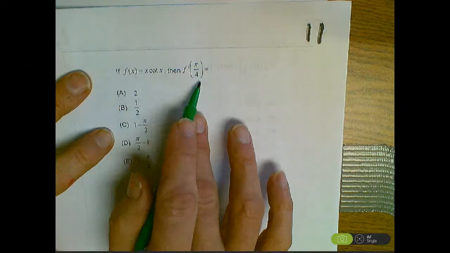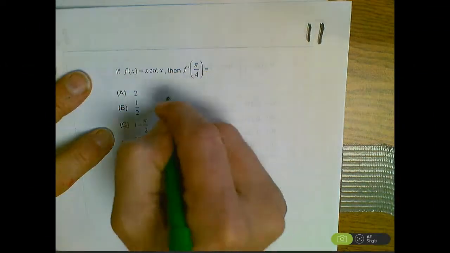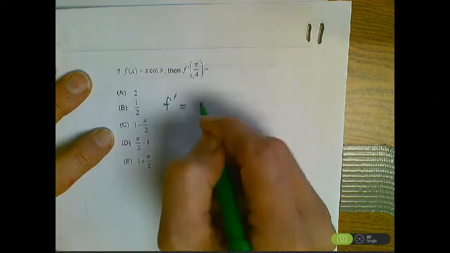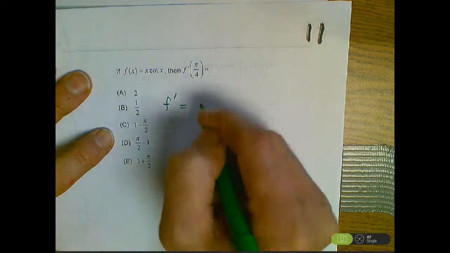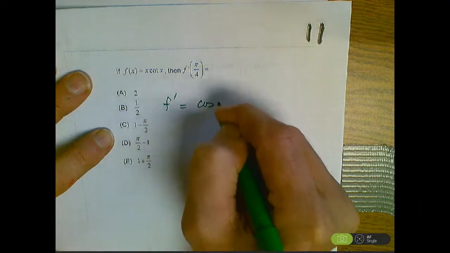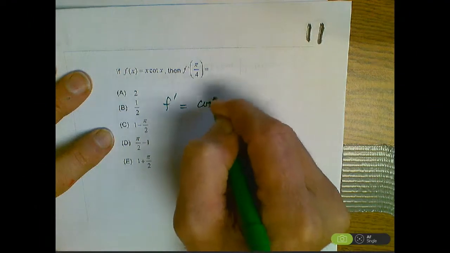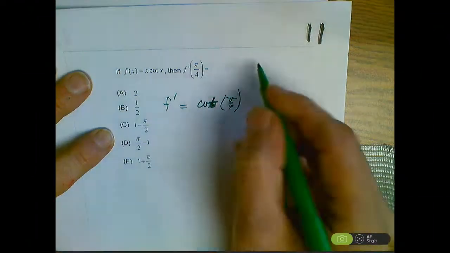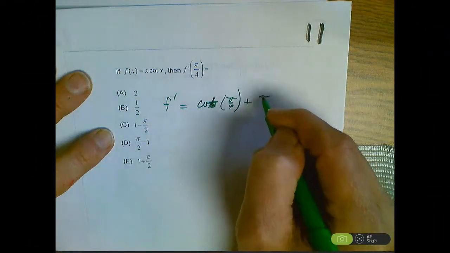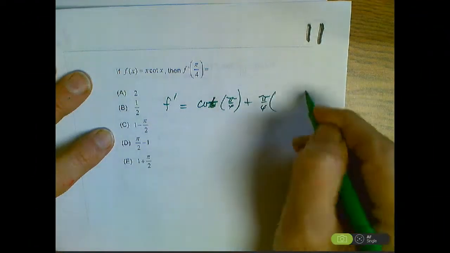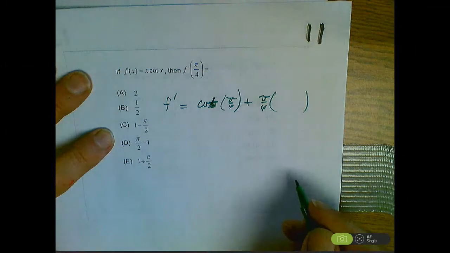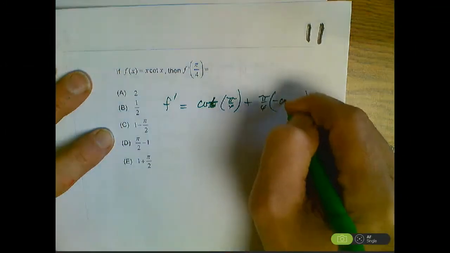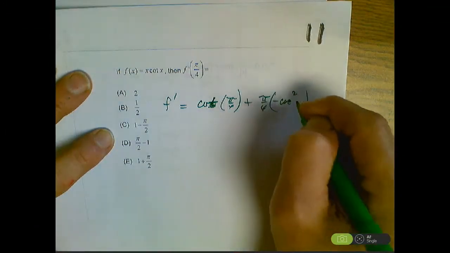Derivative at pi over 4. Product rule. F prime is going to be the derivative of the first one times the second one. The cotangent of pi over 4 is what we're looking for. Plus pi over 4 times the derivative of cotangent. Opposite, cosecant squared of pi over 4.